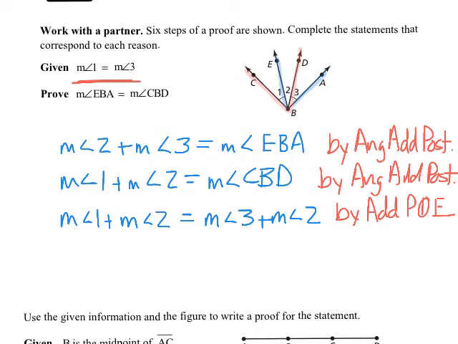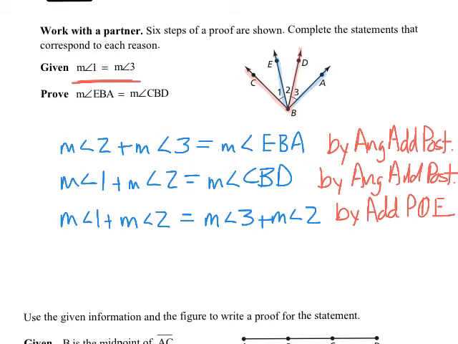Okay, and then a skill that we have here is substitution, right? So if I see that this is equal here, and I see that it's equal here, then I know these two things have to be equal. That's called the transitive property, right? That's what we saw up on the front. If something equals two different things, those two different things are also equal to each other, right? So now I can use the transitive property.